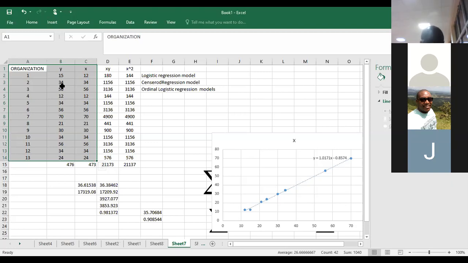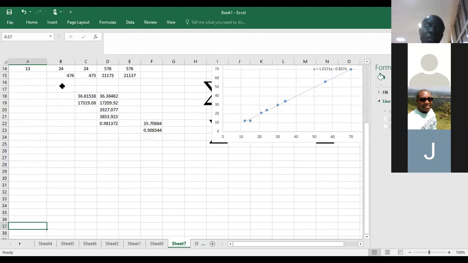You don't use 80 million, you use 80, because even these figures were in millions anyway. That is the scale. So that is the regression equation. Please do that.